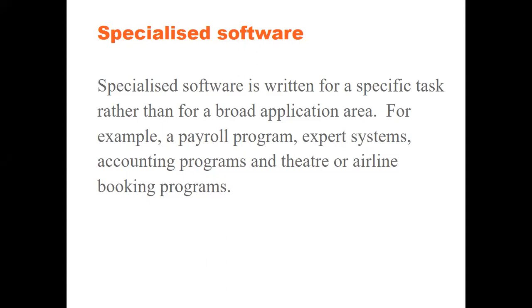For them, they write a program which is specialized for only managing employee data. Now, you can't find that software everywhere. You can't go to the street, buy it and install it on a computer, because you don't have employees' information to manage.